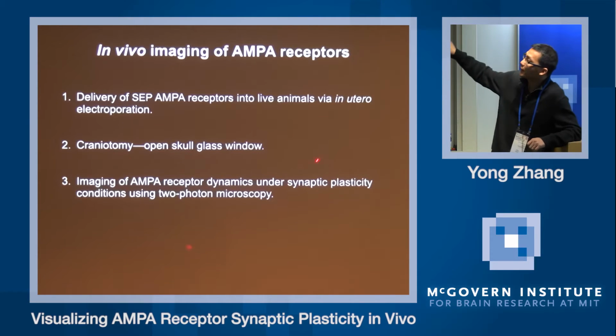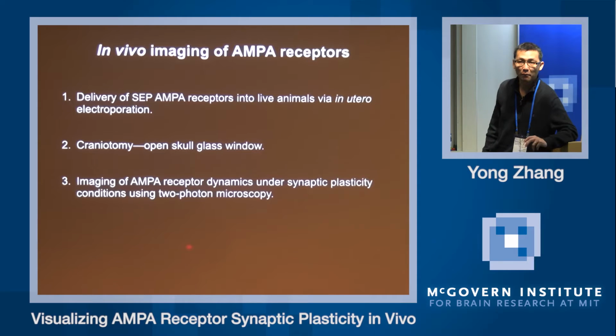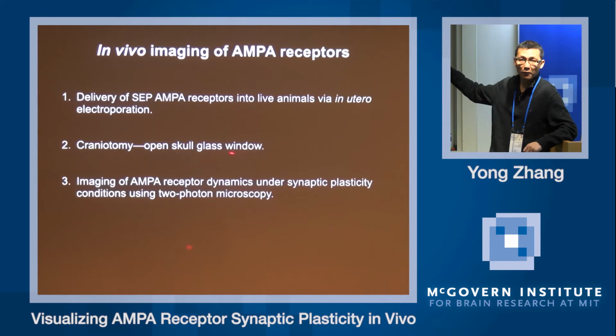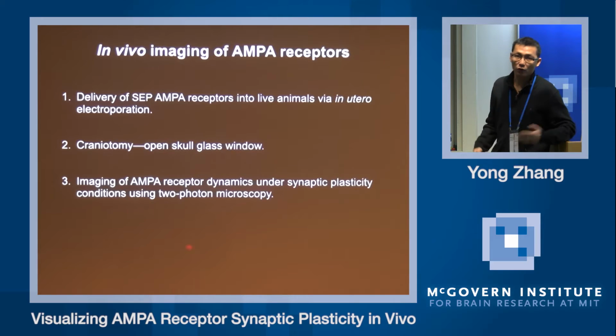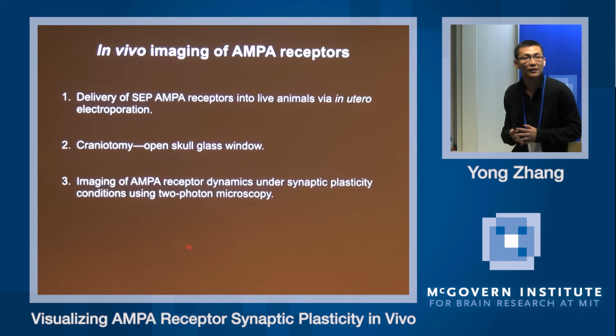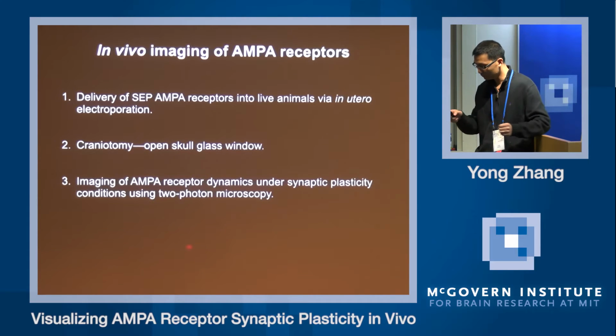The second thing we need to do is a craniotomy, basically to either implant a window or thin the skull so that the microscope can image through to observe AMPA receptor signals. Of course, the most important step is to image AMPA receptor dynamics in the live animals under certain synaptic plasticity conditions.